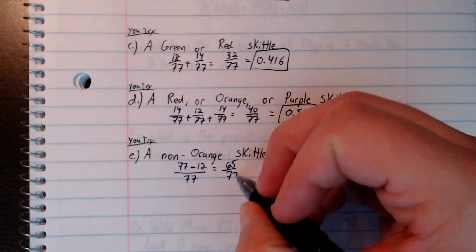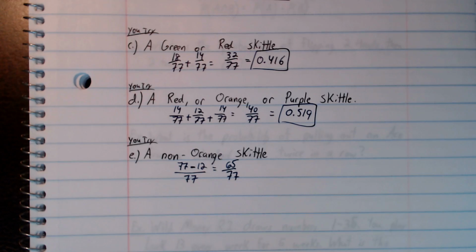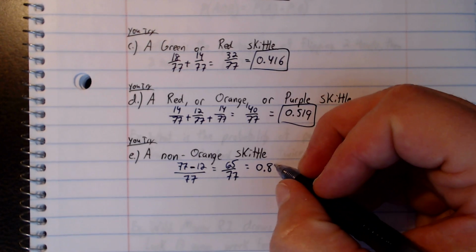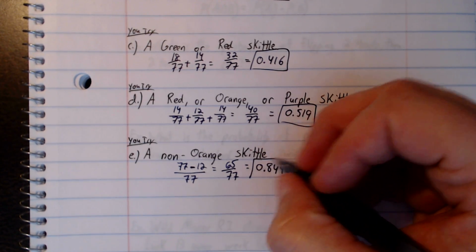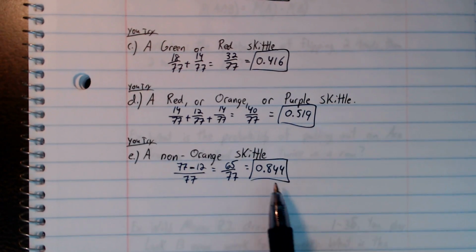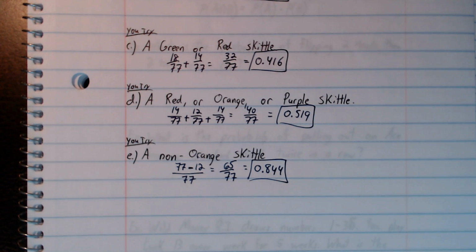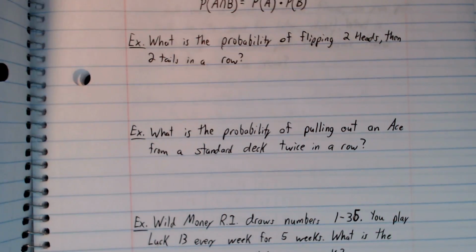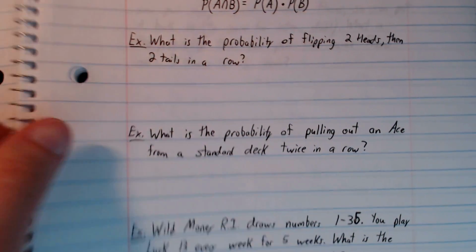That was the kind of trickier one. So 65 out of 77 is 0.844. So you have a really good chance, if you're not a fan of the orange ones, when you first open up that bag of Skittles, for it to be a non-orange one. Or if you're a big fan of the orange ones, it's not the best, because if you wanted orange first, you don't have much of a chance of that happening. Or as good of a chance.